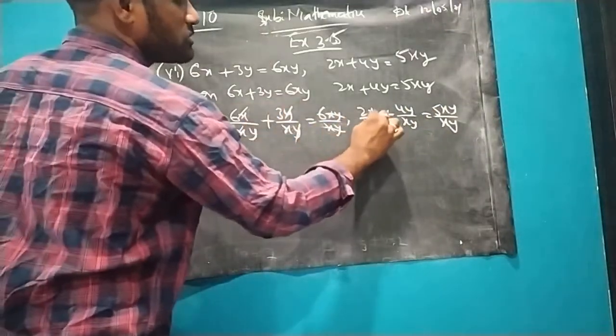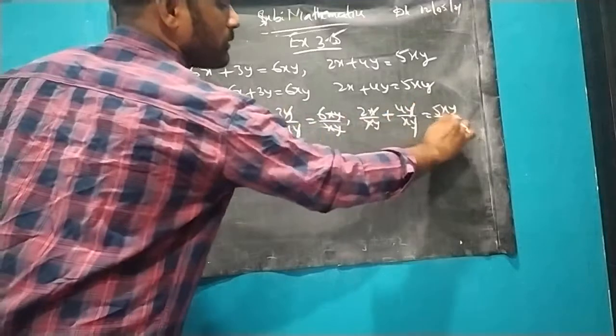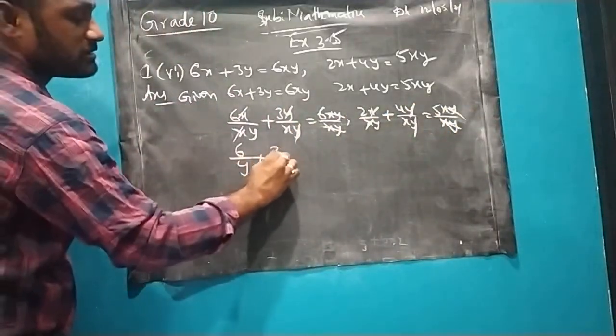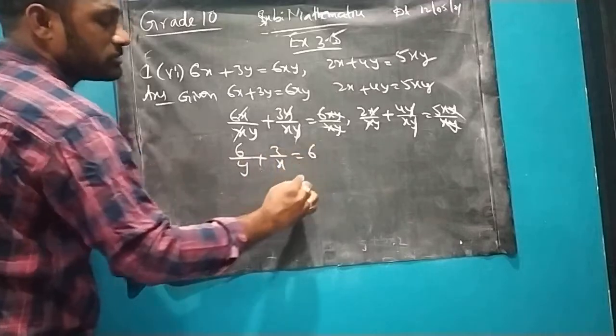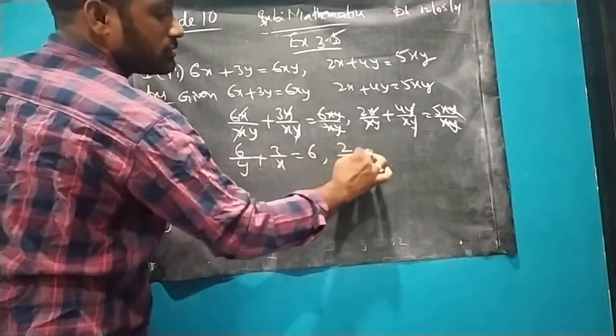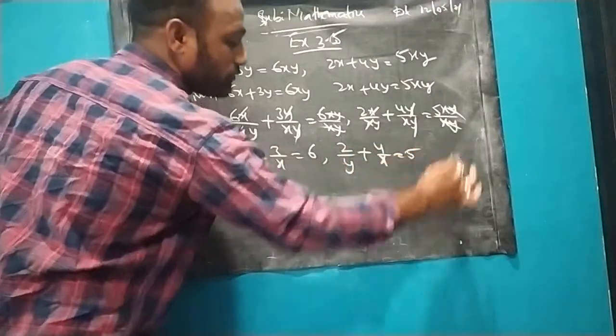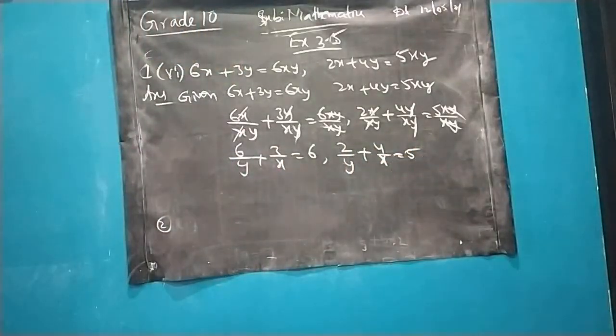The equations are 6 by y plus 3 by x is equals to 6, and 2 by y plus 4 by x is equals to 5. So this is the required equation.